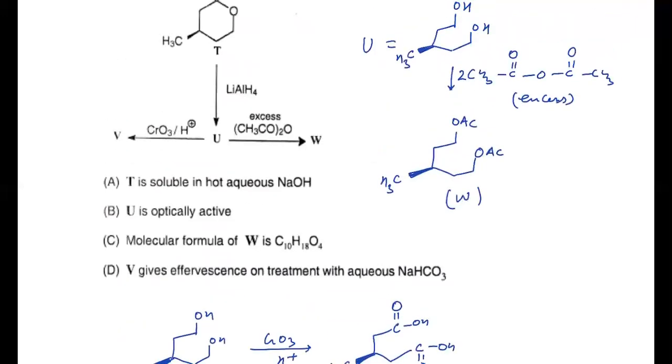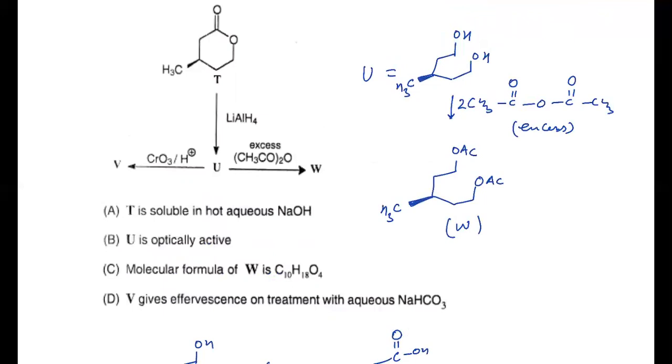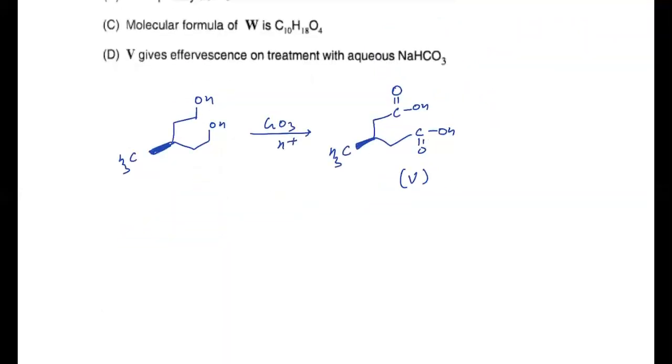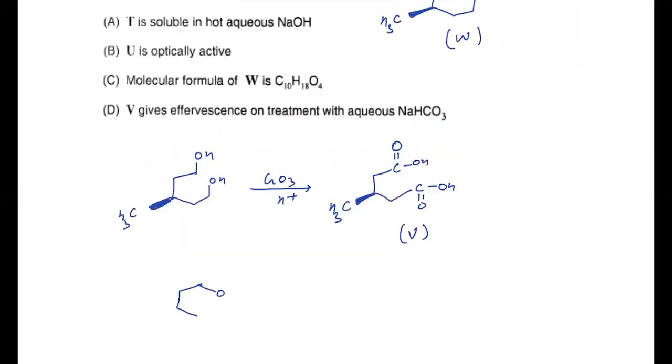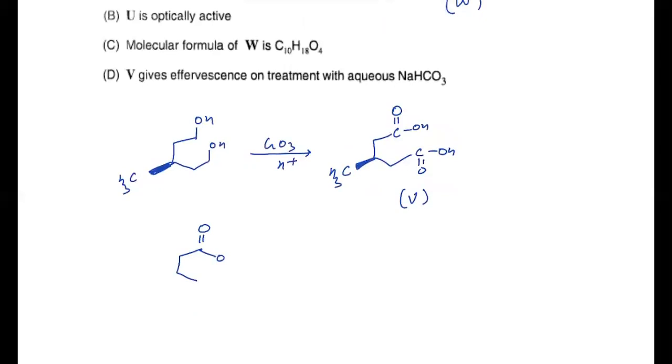Now, T is soluble in hot NaOH solution. That is true, because when you use hot NaOH solution, it will undergo hydrolysis, and by hydrolysis it will become soluble. So this is the given compound.